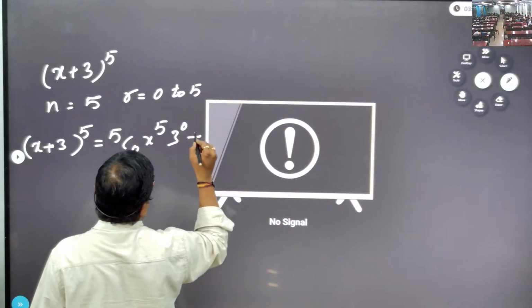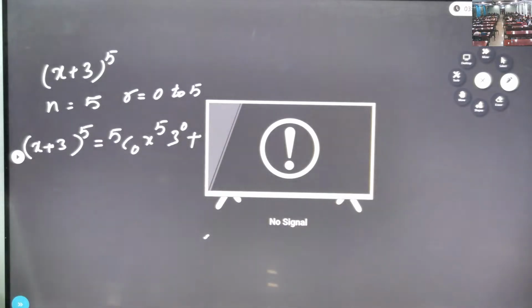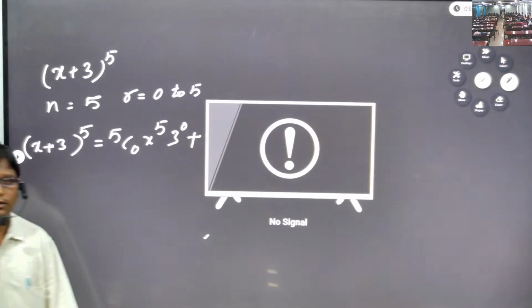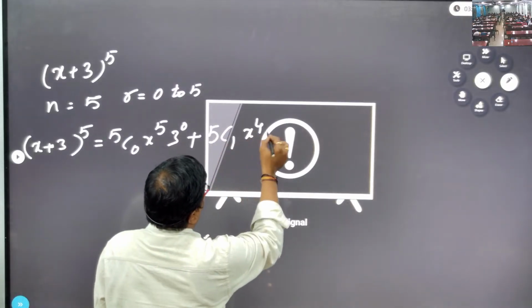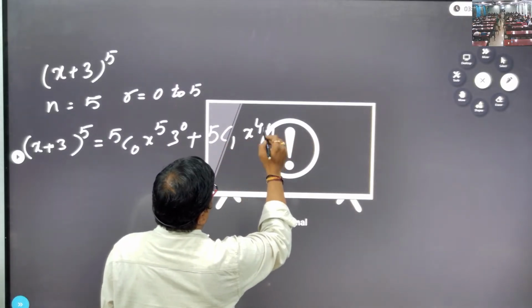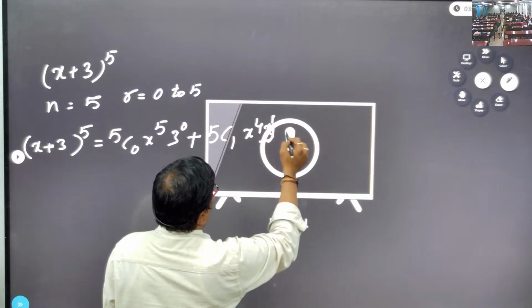Plus next term 5c1 x power 4 y power, that is 3 power 1.